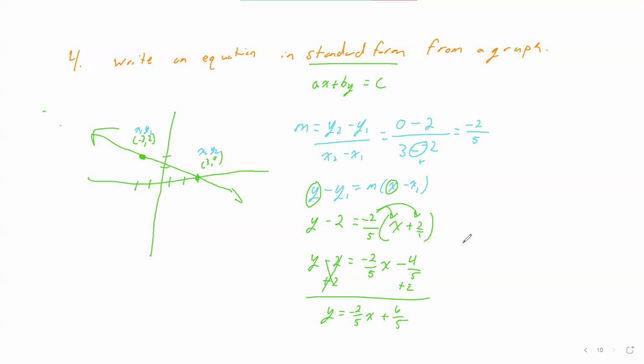Just so you see this on the side here, 2 is the same thing as 10 over 5, because remember, when you're adding fractions, they have to have the same denominator. And so -4 plus 10 is 6, because if you owe 4 and you have 10, you still have $6, and then the 5 stays the same. But your calculator shoots you out the fraction as well.